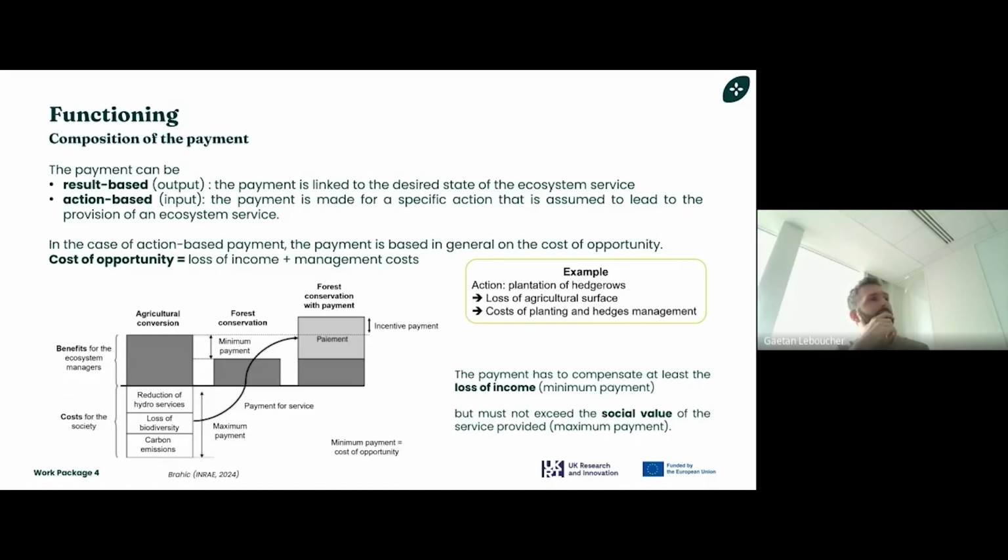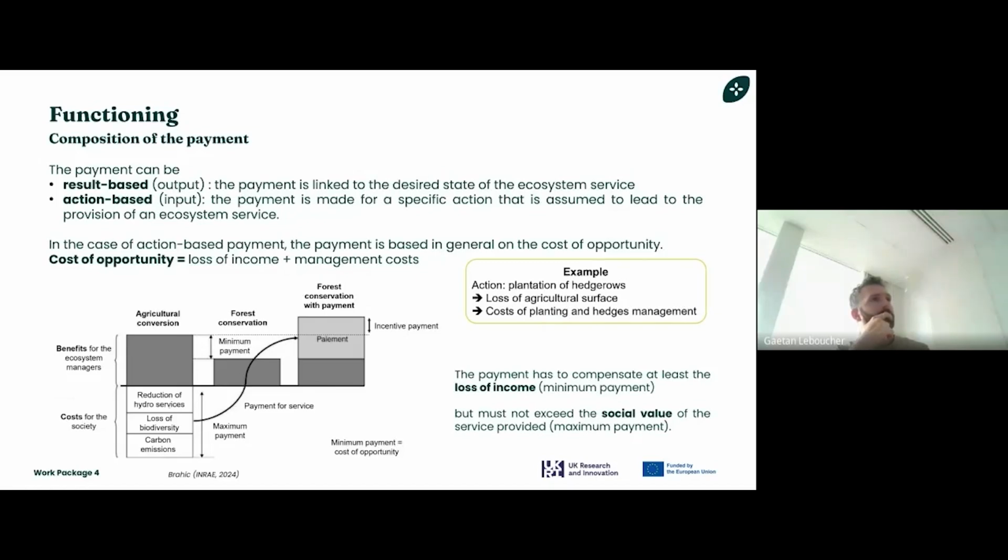So when the service is easy to quantify, so for example, the ton of carbon that is sequestered, the payment can be based on the result. But when the service is difficult to quantify or to measure, as is often the case for biodiversity, the payment is often based on the actions implemented.